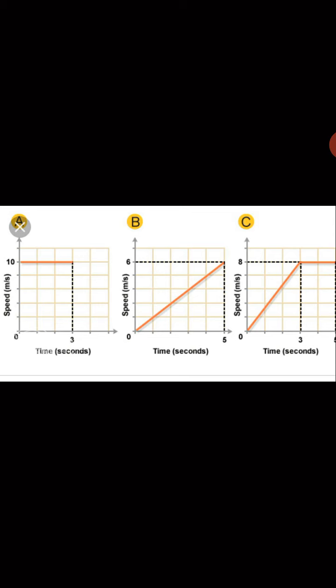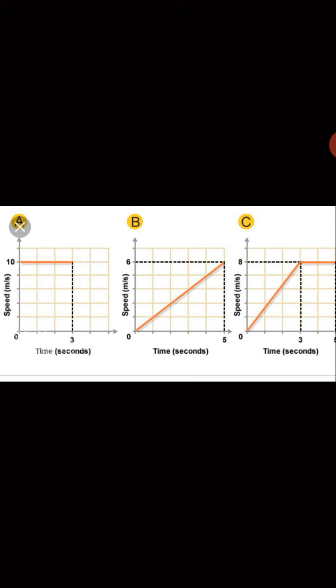Through this video you will learn how to read speed time graphs. In speed time graphs, speed is represented on the vertical axis, that is y-axis, and the unit of speed is meter per second.